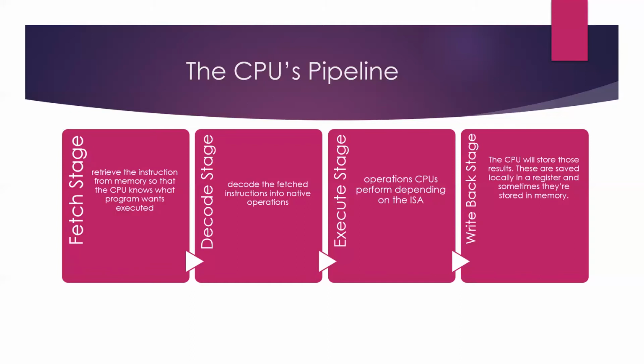These are saved locally in a register, and sometimes they are stored in memory or a cache. The fetch stage and the decode stage collectively are called the front end. And the execute and the write back stages are the back end of the microprocessor.